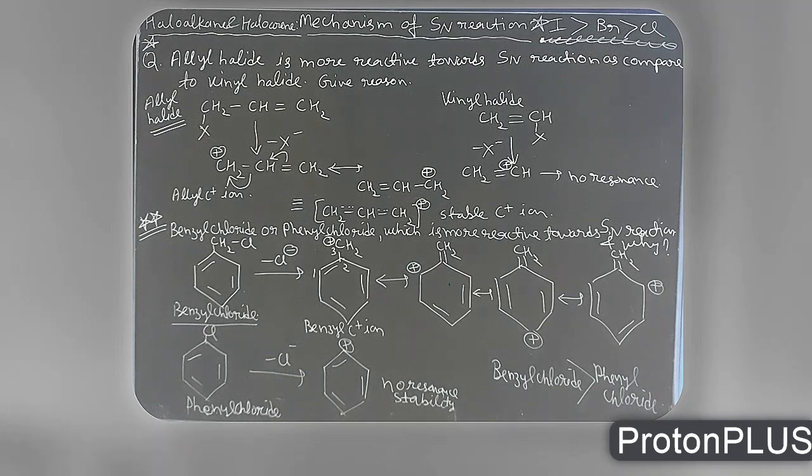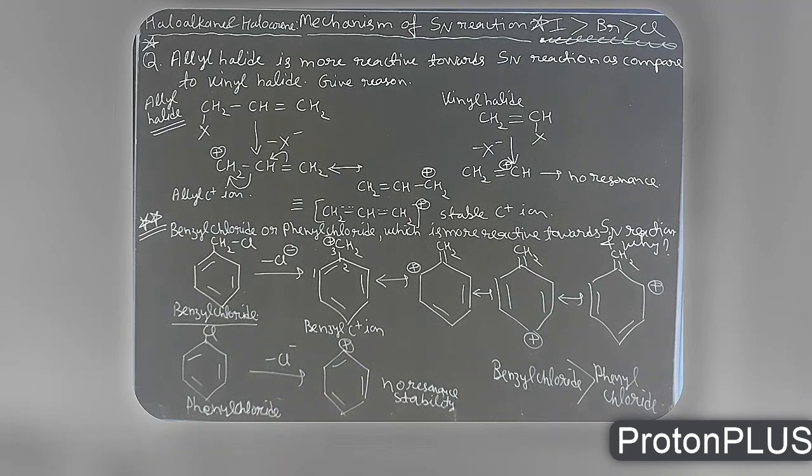Now this positively charged carbon atom is in conjugation with the other pi bond of the benzene ring. Second resonating structure will be formed. Similarly, this positive charge is in conjugation with the third pi bond of the benzene ring. Again, resonance is possible, delocalization of charge and pi electron cloud is possible, and we will get the next resonating structure.